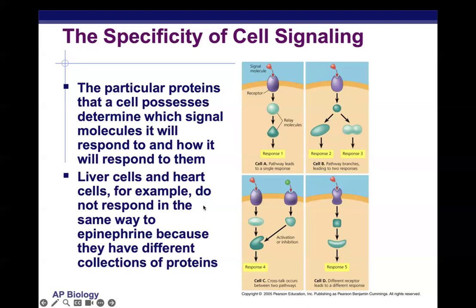Okay, so liver cells and heart cells, for example, do not respond the same way to epinephrine because they have different collections of proteins. They have different receptors on their surfaces. Both of them might respond to epinephrine signaling, but they might respond in different ways because the intracellular domain is different and so might activate different relay molecules.